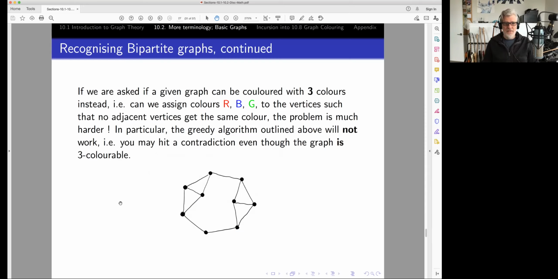Now, let's say that I ask you a slightly different question, which is, could you do this with three colors? Let's say you have red, blue, and green, and I give you this big, big graph, and I say, are you able to color this big, big graph with three colors? So again, the rule is the same. Edges must get different colors on both vertices. That's the only requirement. Now, with two colors, it's really simple. With three colors, it is really hard, or we think it is.